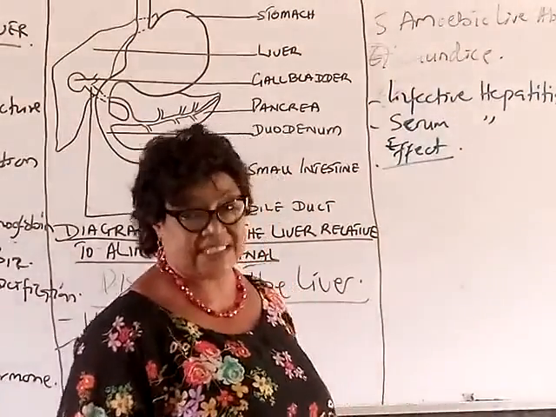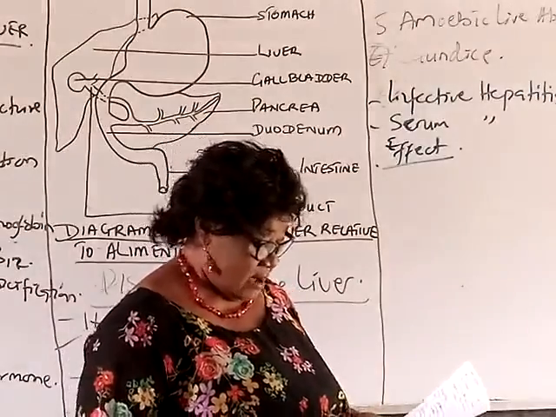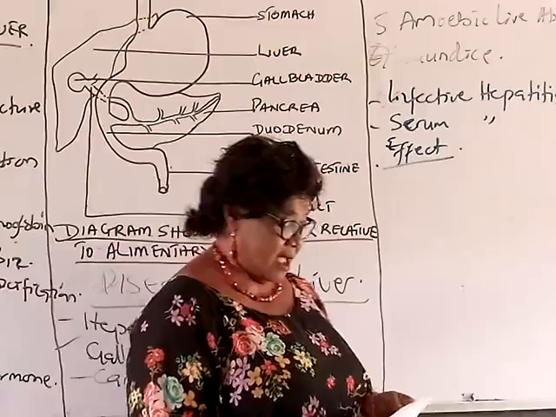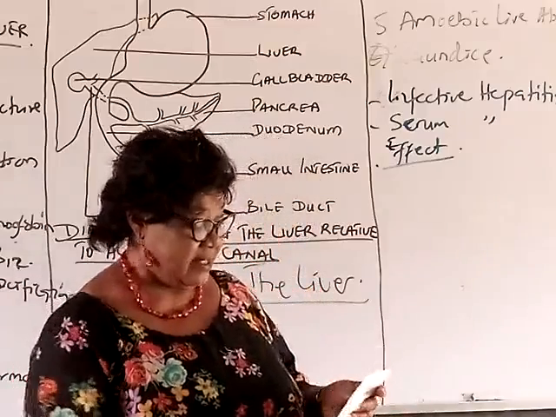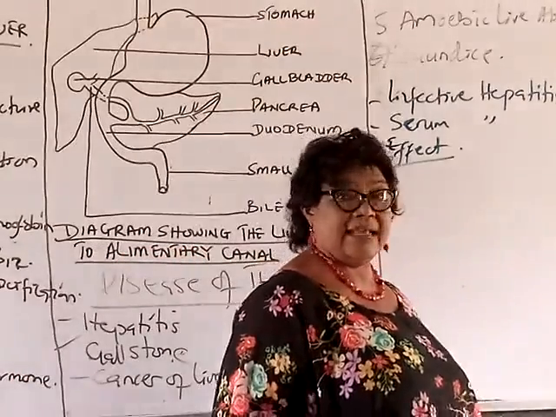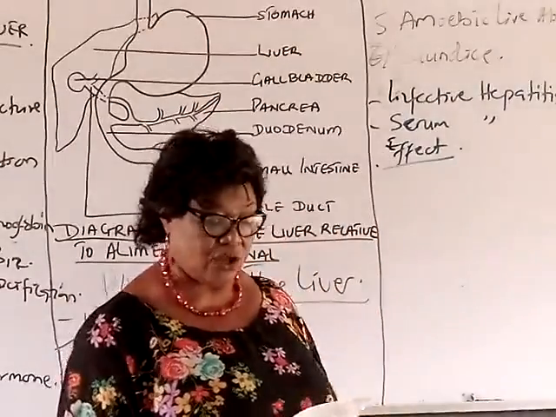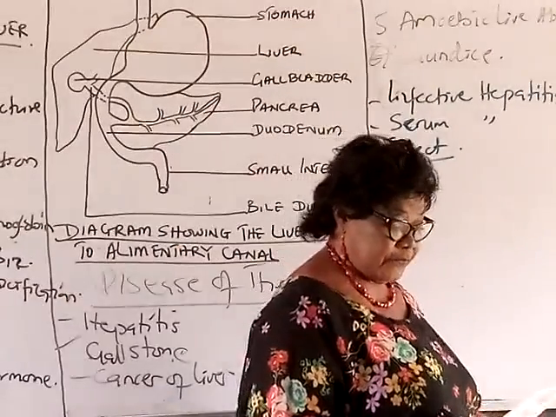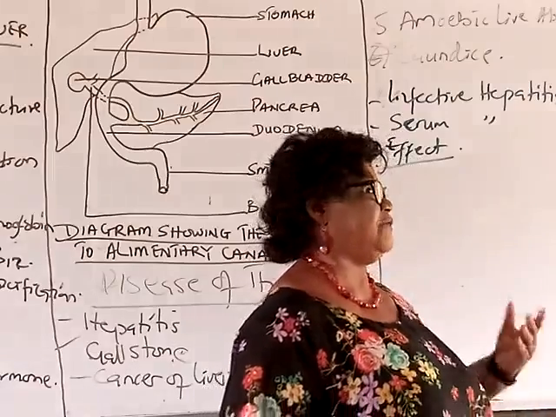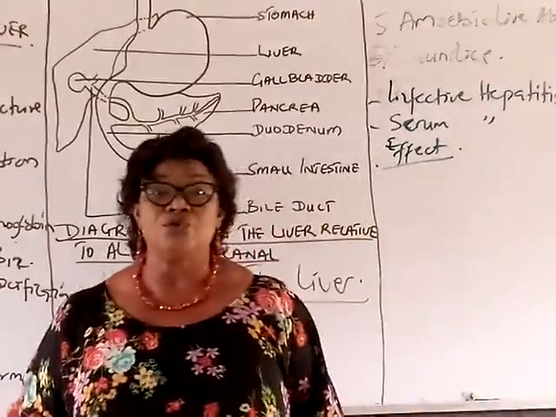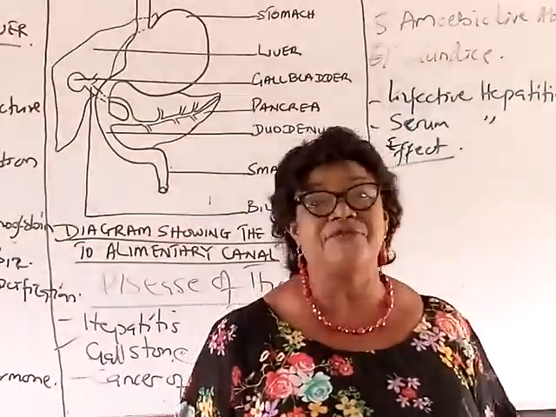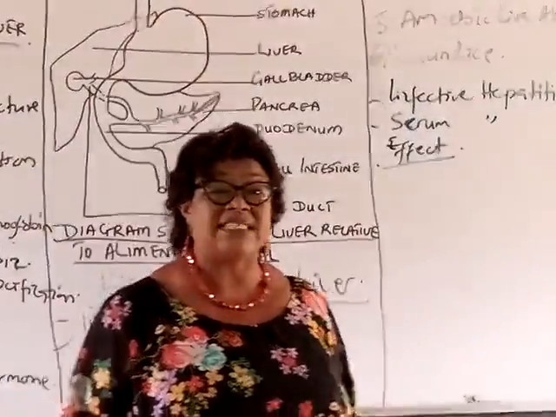What are the effects of it? One, it leads to yellowing of the skin and the eye. And not only that, it results in inability to digest food properly, especially fatty and oily food.